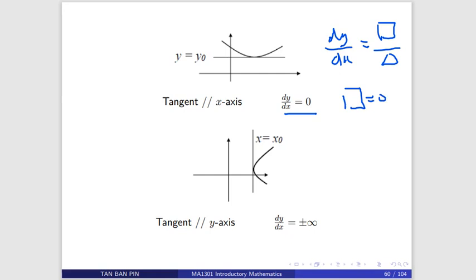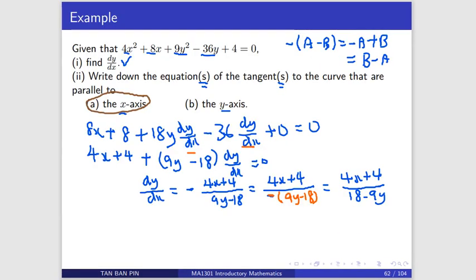So you just consider the numerator 0. The numerator is the box, the denominator is the triangle. So for part 1, you consider 4x plus 4 equal to 0, which will give you x equal to minus 1.